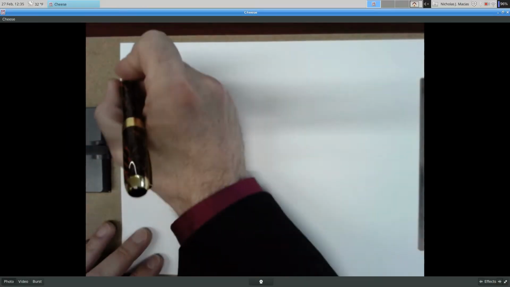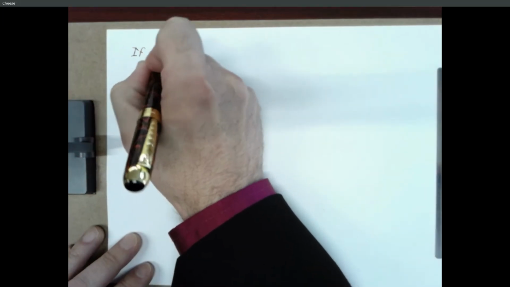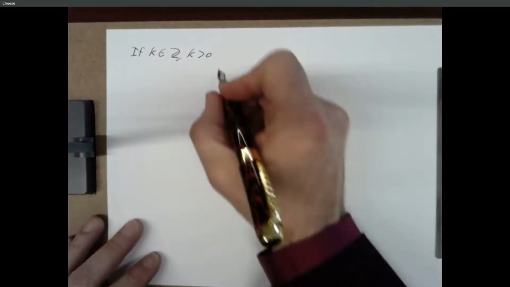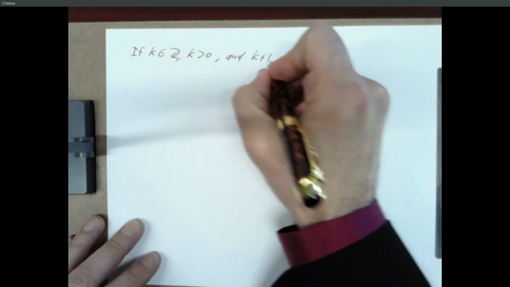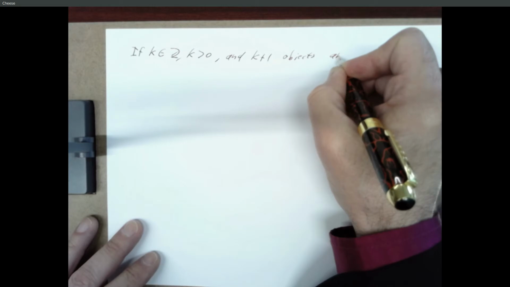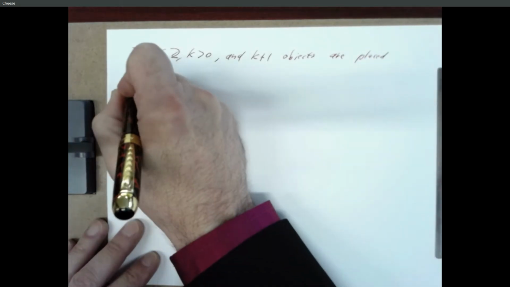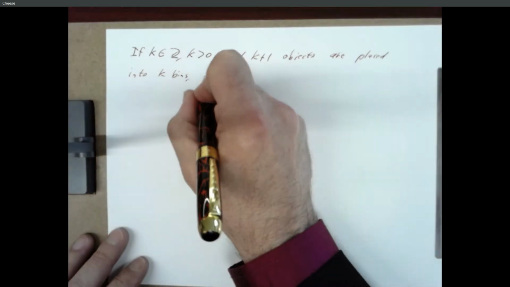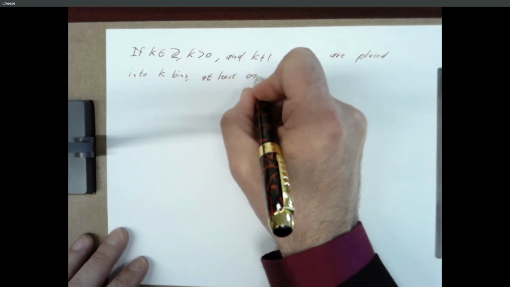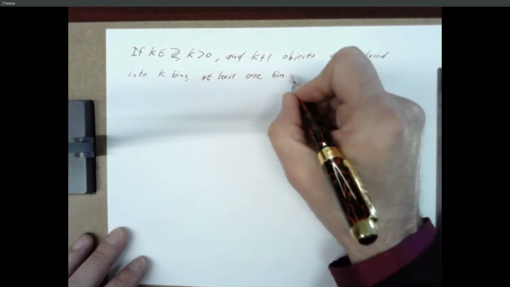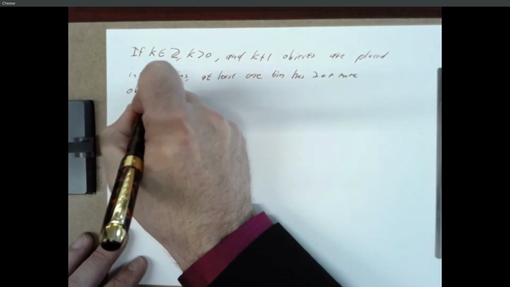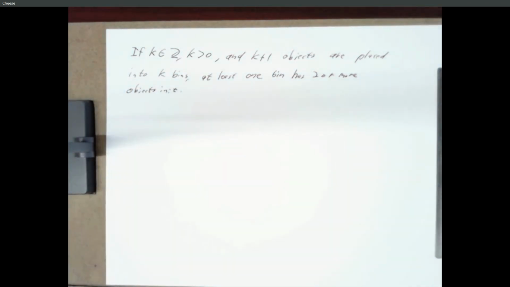So let me give it to you in the kind of math speak sort of way. If k is an integer and it's positive, bigger than 0, and k plus 1 objects are placed into k bins, at least one bin has 2 or more objects in it.